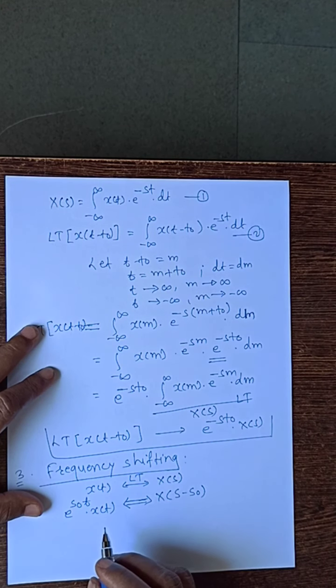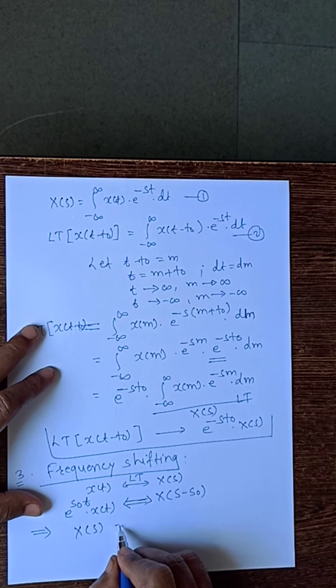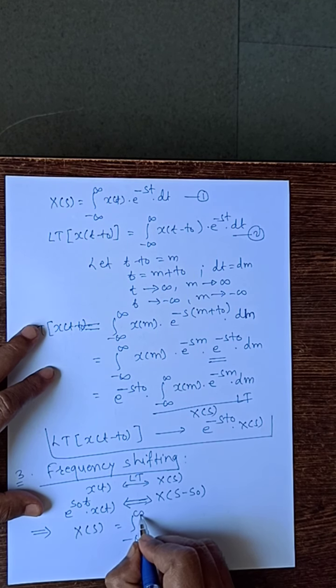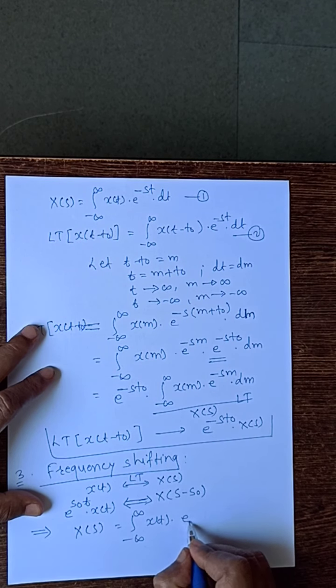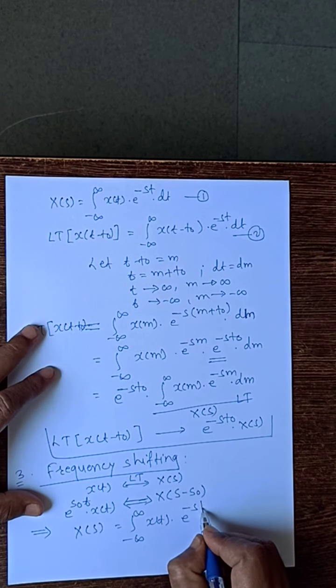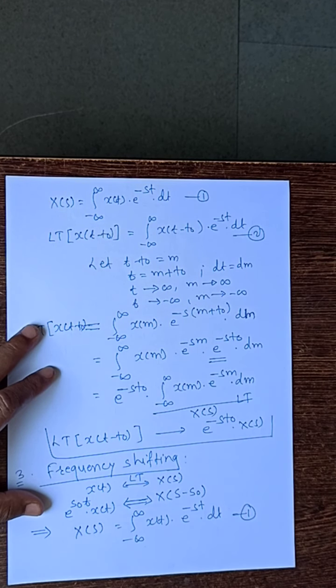So we know that X(s) is equal to the integral from minus infinity to plus infinity of x(t) e^(-st) dt. Let it be equation number 1.